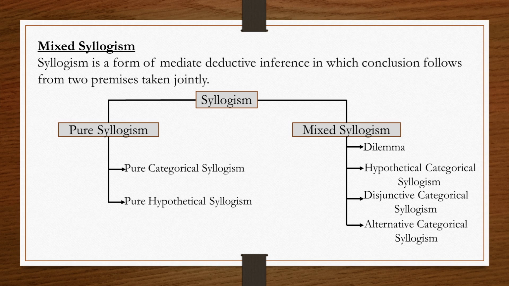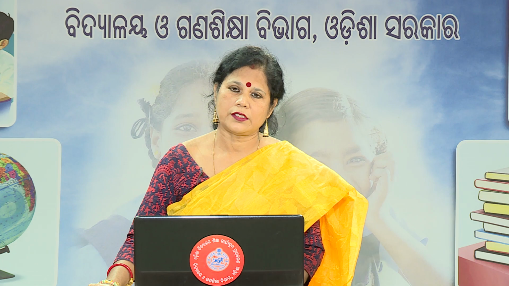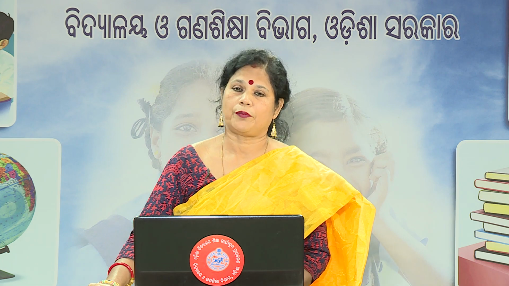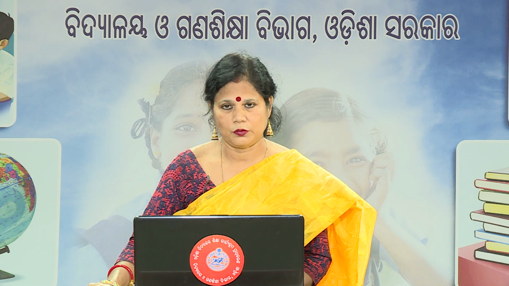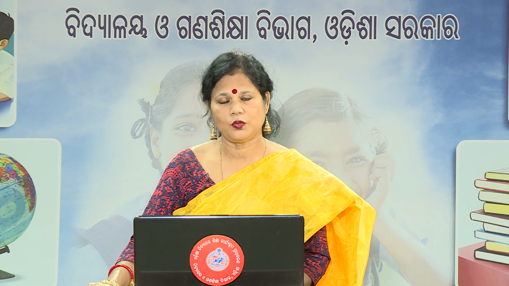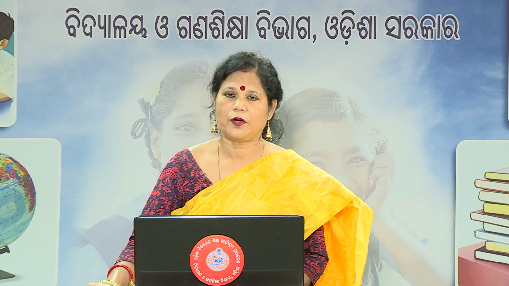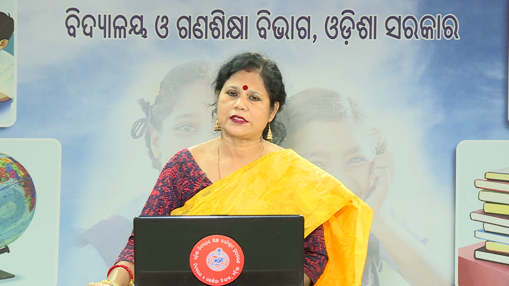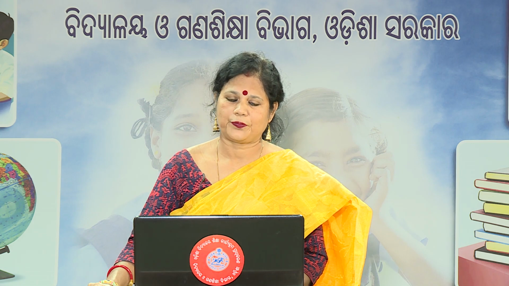But in mediate inference, which is known as syllogism, you have three propositions, two premises and one conclusion. So in a syllogism there are two premises and one conclusion, and the conclusion follows from the two premises taken jointly.